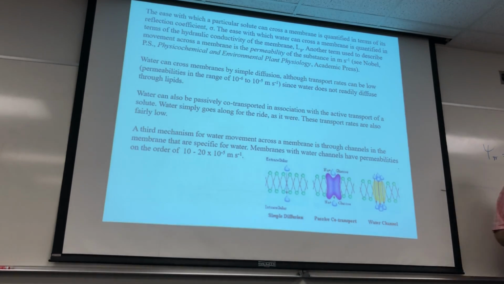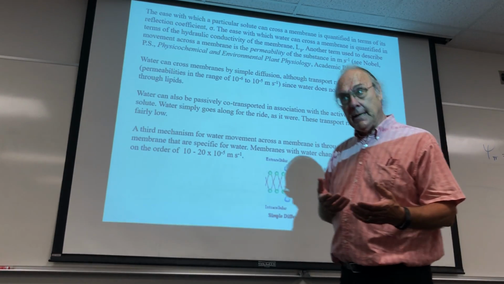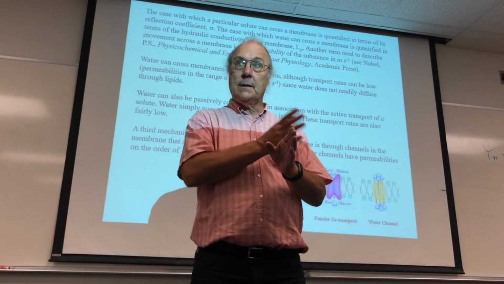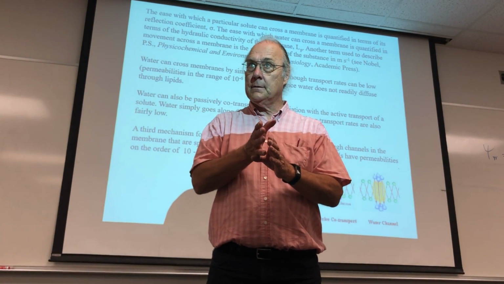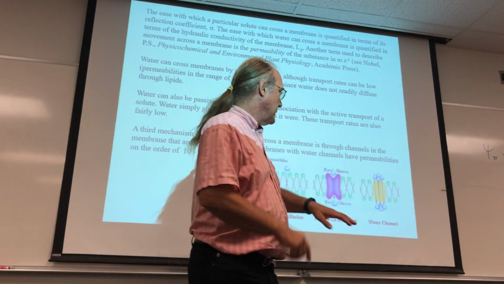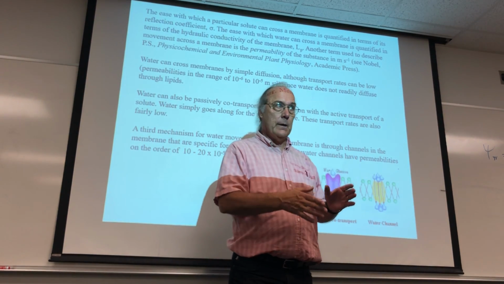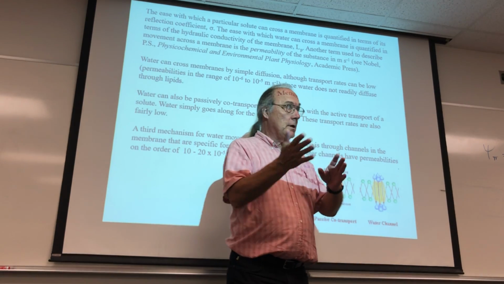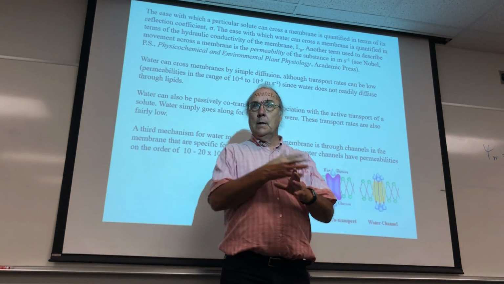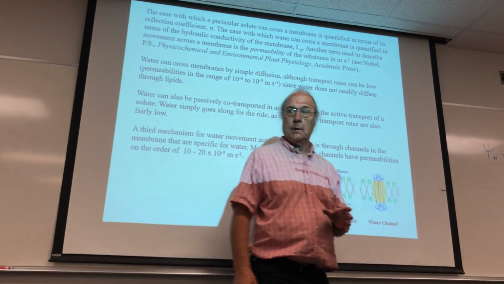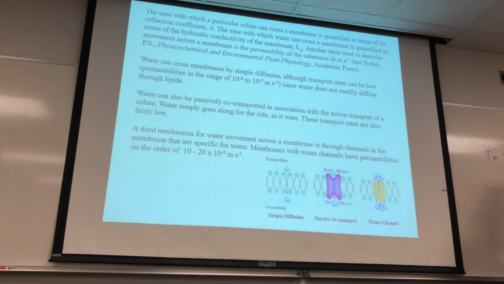So a way the plant can alter the hydraulic properties of the cells is by changing how many of these aquaporins are put in the membrane. More of them, easier for water to move. Fewer of them, harder for water to move across the membrane.